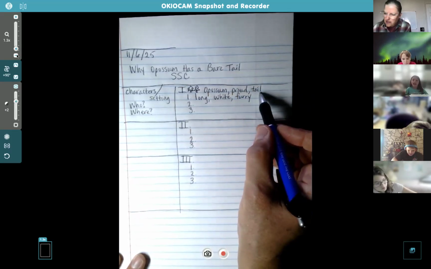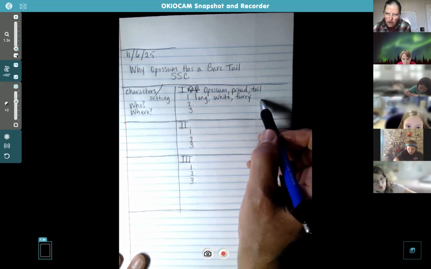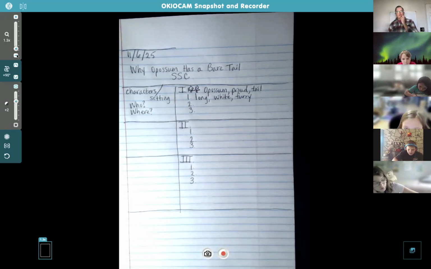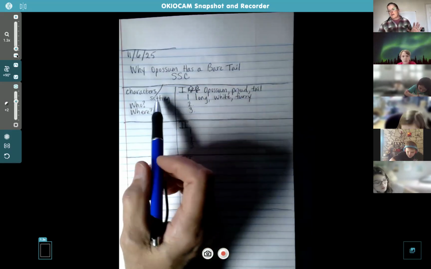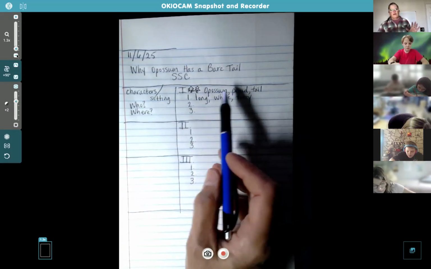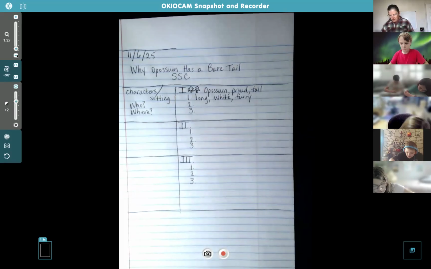So I don't think we need tail, but you could draw a tail if that helps you. But I like that long, white, furry tail. This is his tail. So we described opossum. We're talking about characters and setting only here. We got opossum, a little bit about him, and the forest.